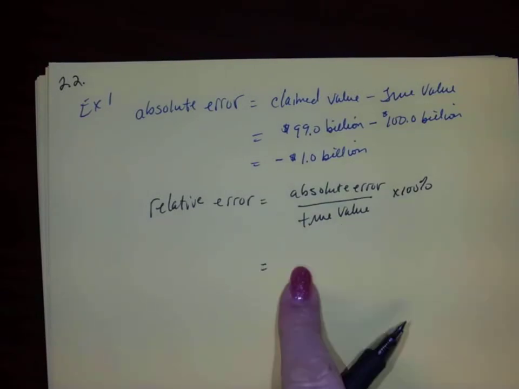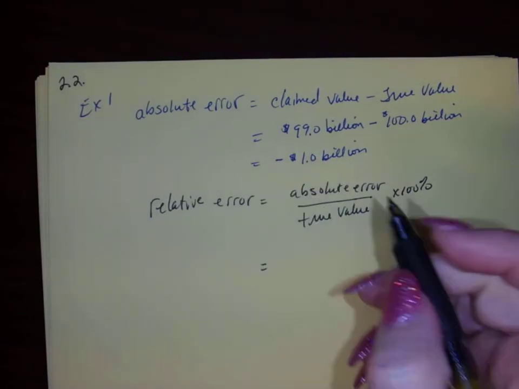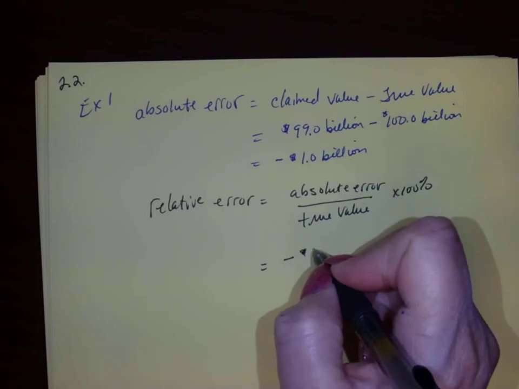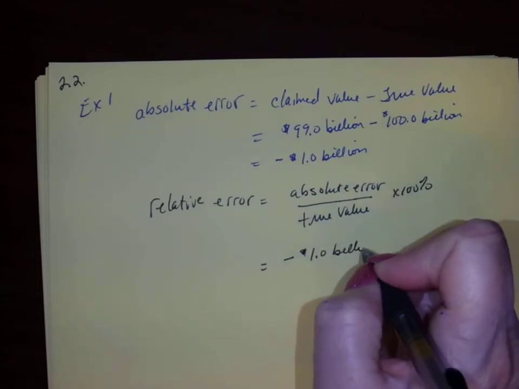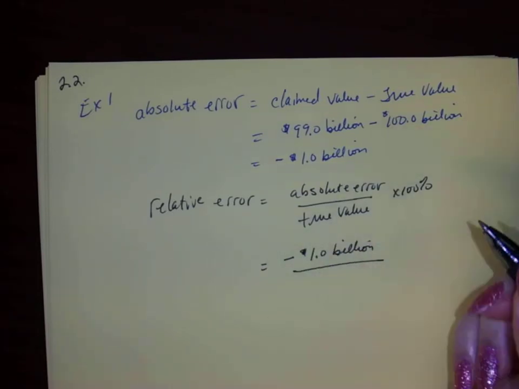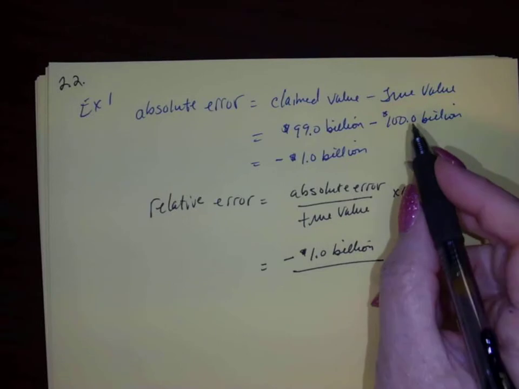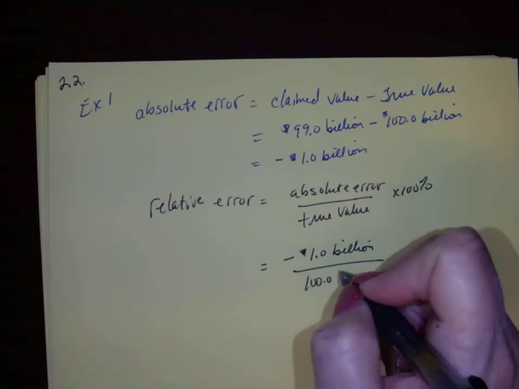All right, so our absolute error we just found is negative 1.0 billion, and we're going to divide that by the true value of 100.0 billion.